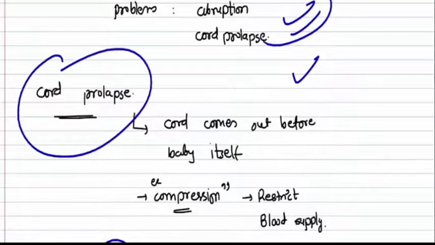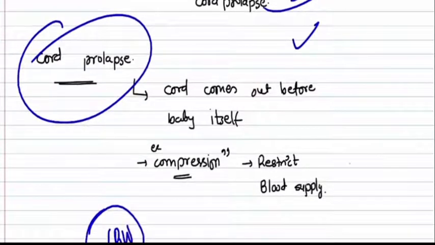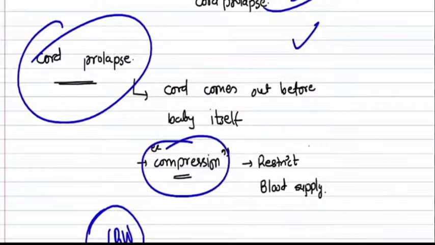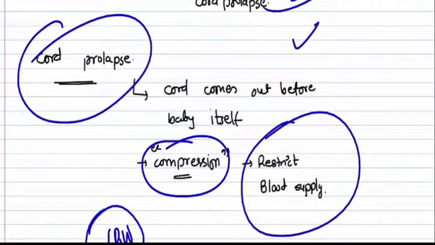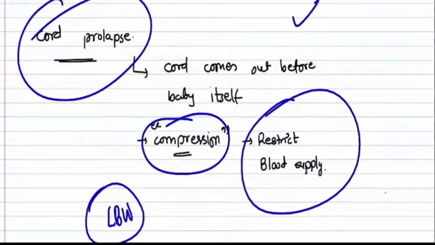Now let's discuss the cord prolapse. The cord comes out before the baby itself. It comes out from the narrow cervix, so there are chances of compression of the cord. And once the cord is compressed, everything that is supplied to the baby is stopped and the baby can die in minutes. So this is a very grave complication.